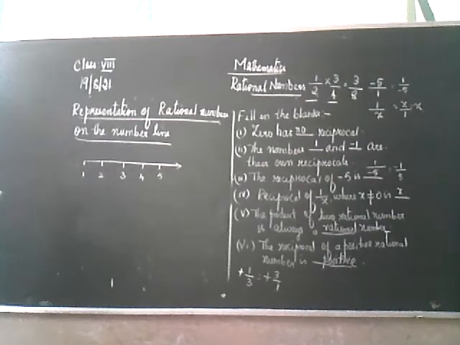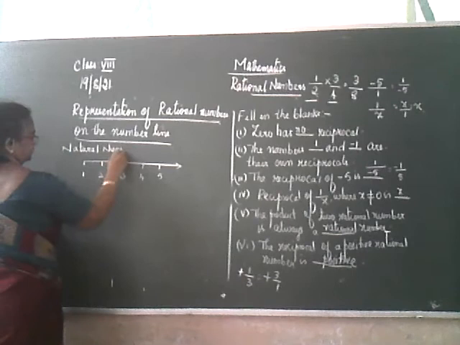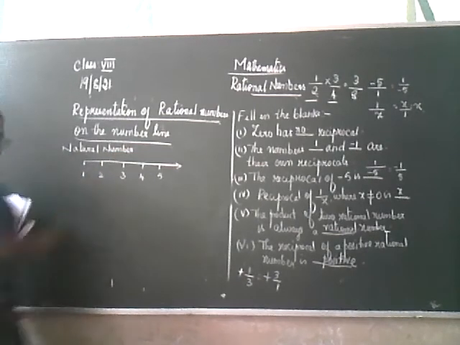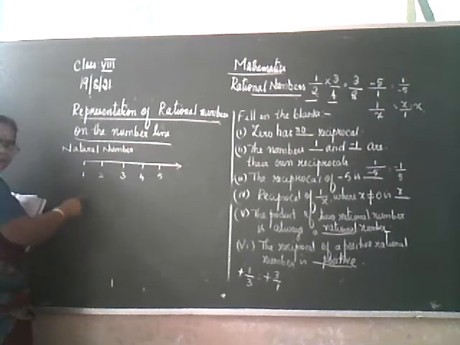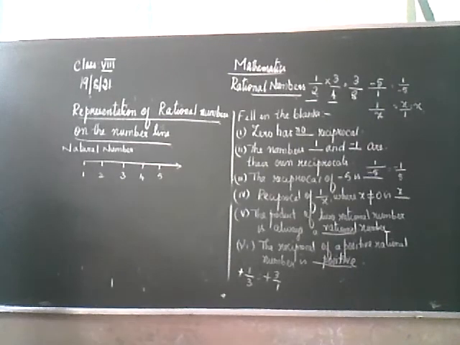When I write natural numbers on the number line, the number line begins with 1 and the other numbers continue towards the right side indefinitely, because natural numbers are an infinite set of numbers. So you can go on writing 1, 2, 3, 4, 5, 6, 7, 8, 9, 10, 11, 12 like that. Okay. So it can be extended indefinitely only to the right side of 1.